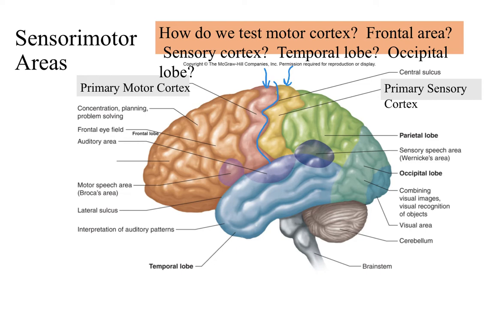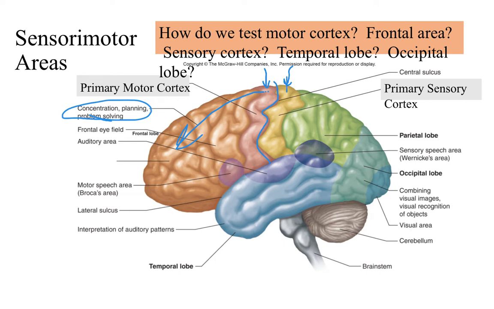So as stated before, here is the central sulcus dividing the primary motor cortex from the primary somatosensory cortex. So if anterior to that line is the primary motor cortex, then that means most of the things that happen in a frontal lobe are motor related. And if they're not motor related, they're involved in things that lead to motor related activities such as concentration, planning, problem solving, and so on.